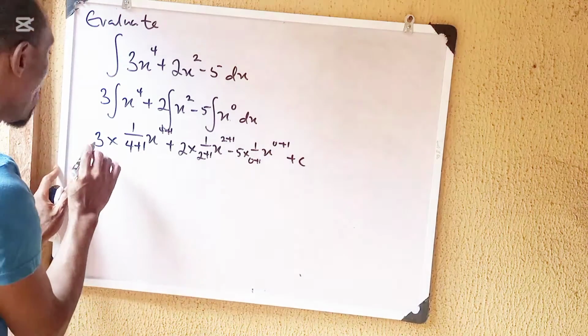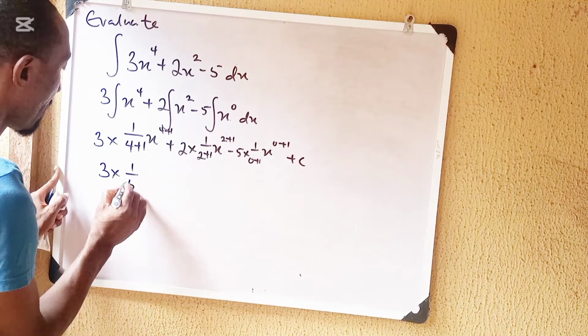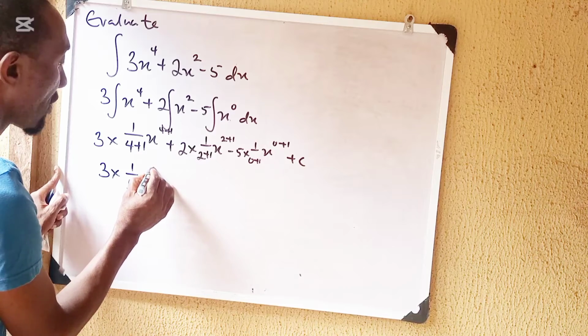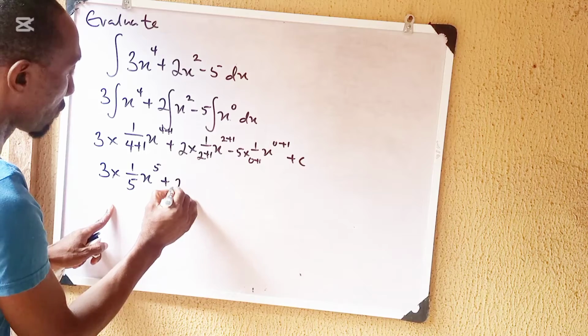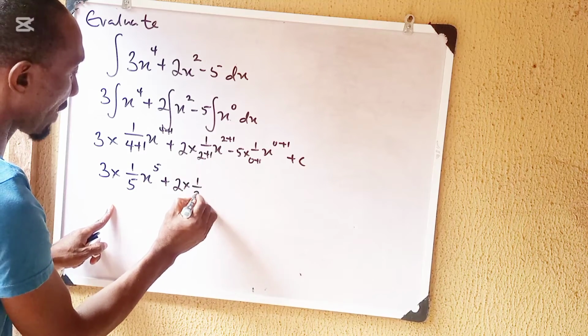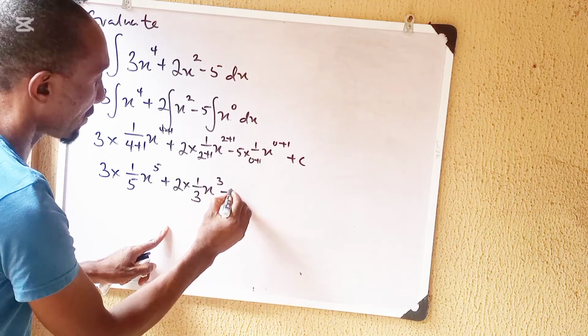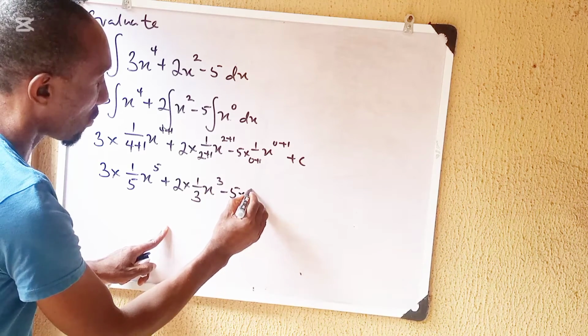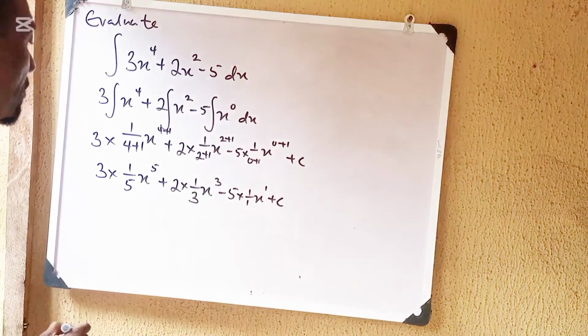All right, so here what are we going to do? We have 3 multiplying 1 over 5 x to the power of 5, then plus 2 multiplying 1 over 3 x to the power of 3, minus 5 times 1 over 1 x to the power of 1, plus c.